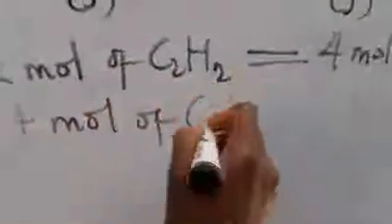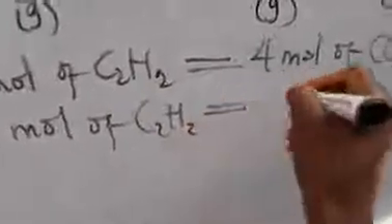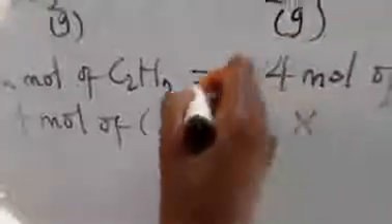So if 2 moles of ethylene yields 4 moles of carbon dioxide, and we've already converted the ethylene to moles in this reaction, then 4 moles of ethylene will give us X. So next we carry out cross multiplication.